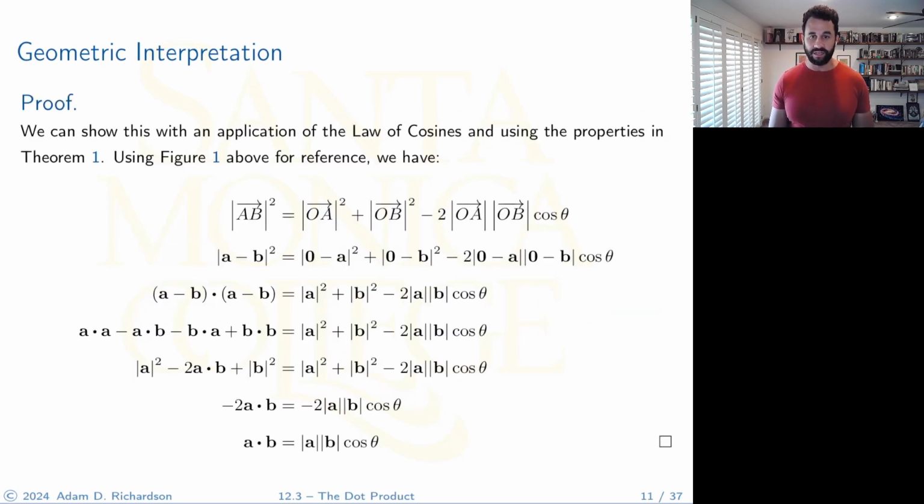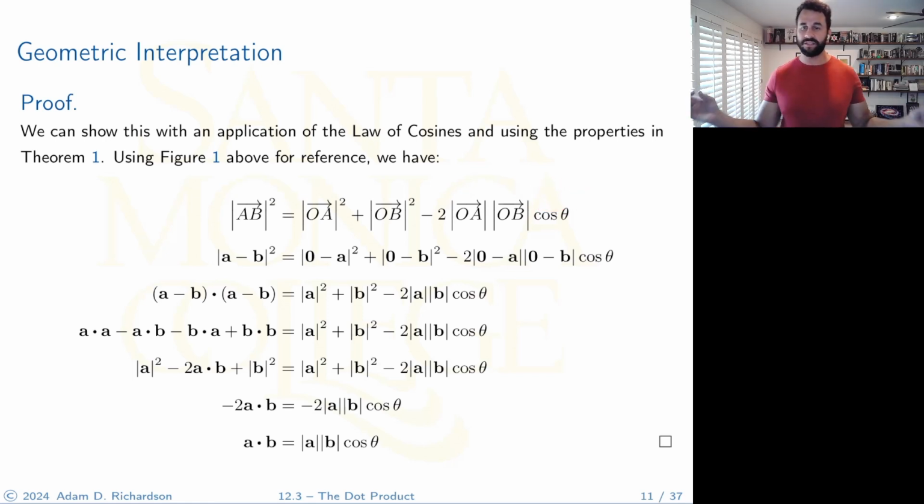The law of cosines gives us that the length of the vector AB squared is equal to the length of OA squared plus the length of OB squared minus 2 OA OB cosine theta. There it is, literally just the law of cosines. Remember back in the day, c squared equals a squared plus b squared minus 2ab cosine theta. Same thing here.